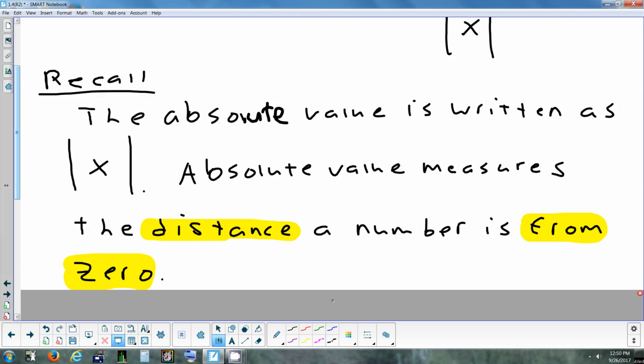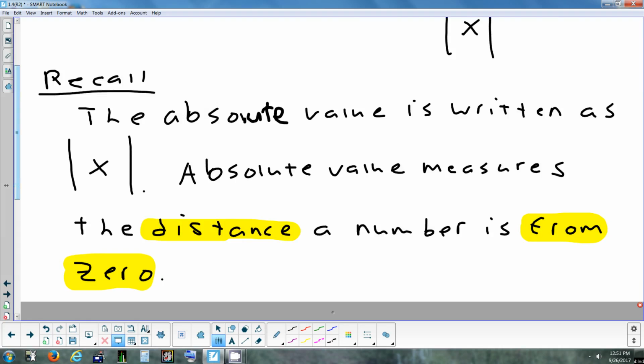What absolute value measures is the distance from 0. So on the top of your notes, you have what absolute value measures. You can write distance from 0, or the distance the number is from 0. It's going to help you remember. So on that first line of your notes, you're going to write distance from 0.